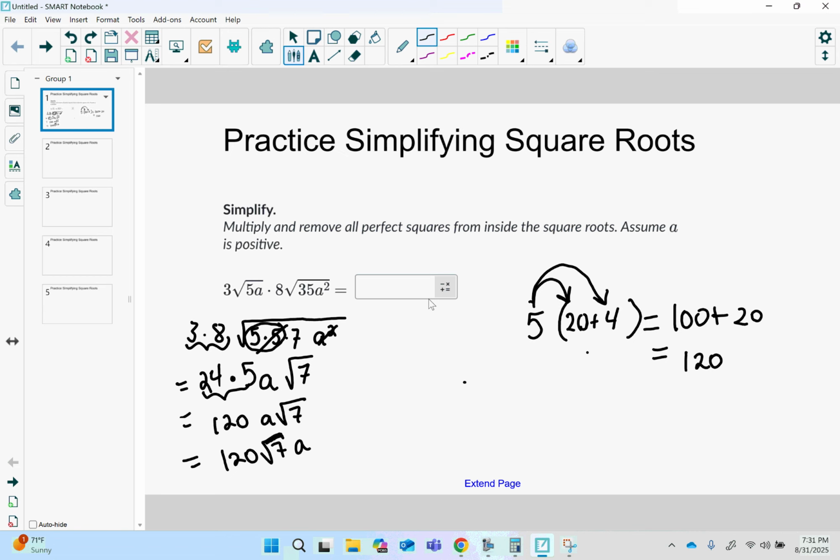There's actually 3 A's underneath the radical sign, but only the squared pair can simplify out. So this A that I forgot to write down was still supposed to be underneath the radical, right there with this 7.